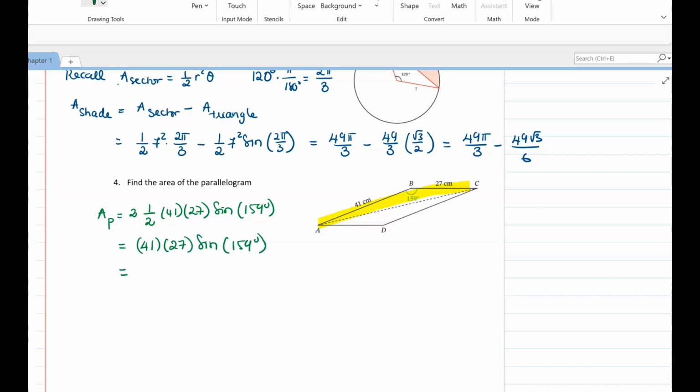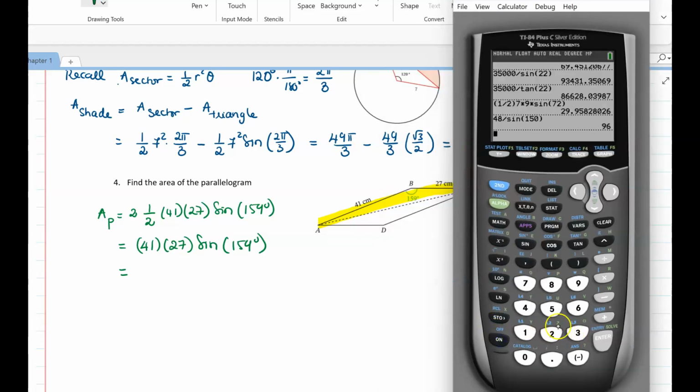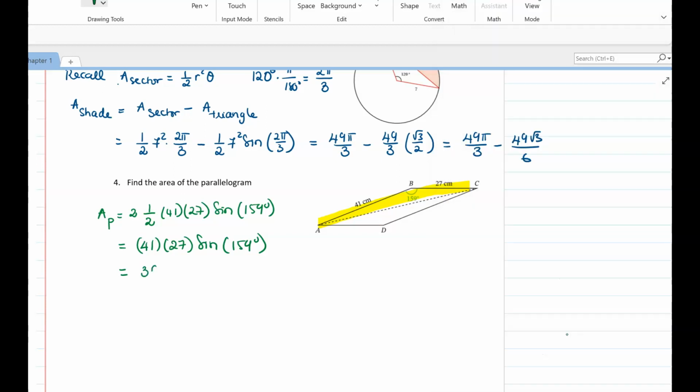And the calculator will tell us what we want to know. 41 times 27 times sine of 159. And that is 396.71. And this is centimeters squared.